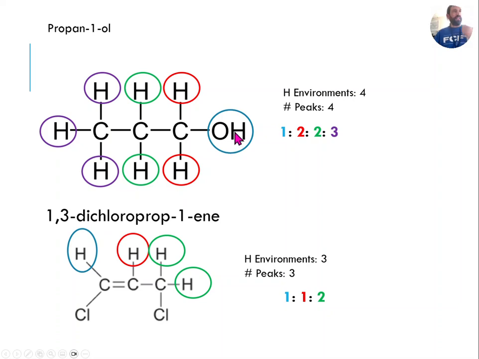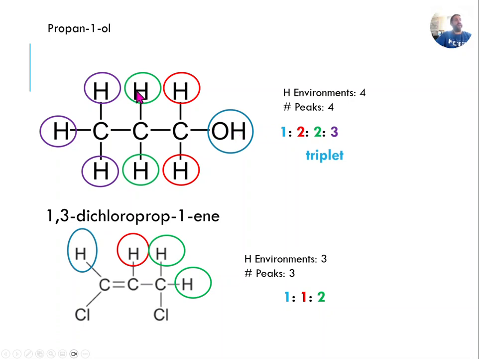So if I look at the environments going right to left in this molecule, for the blue environment, it's the hydrogen bonded to this oxygen atom. To determine the splitting pattern for it, we have to look at the adjacent atom. If there are 2 hydrogens on it, then the splitting pattern will be a triplet. If we look at the next carbon atom, there are 2 atoms adjacent.